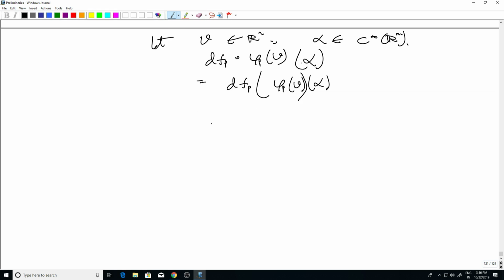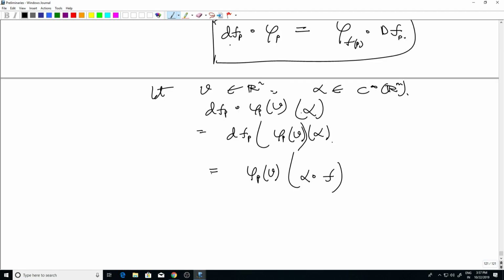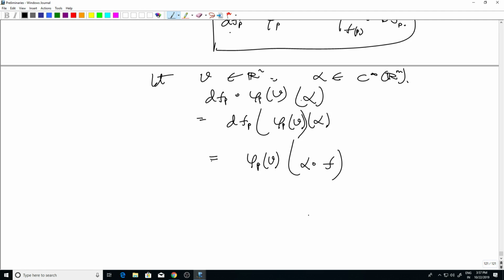So this is what I have, and I know that this is the same thing as phi_p v acting on alpha composed with f. Now I'm going to use the definition of directional derivative. So this is just the directional derivative of this function along the direction v.